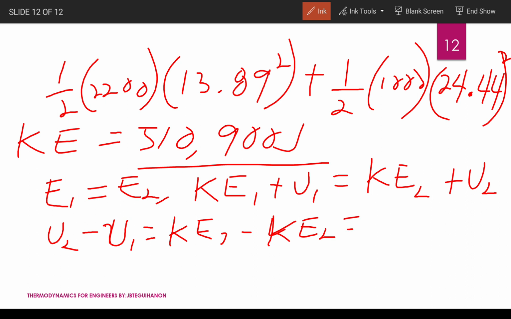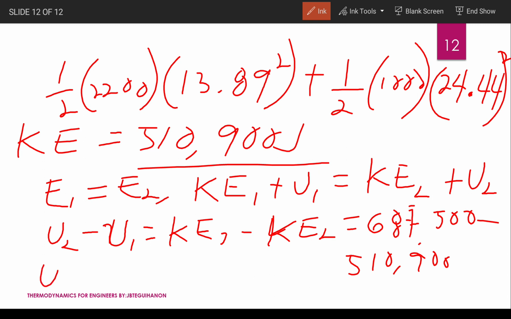Okay, and that is actually equal to 687,500 minus 510,900 joule, this is in kilojoule.